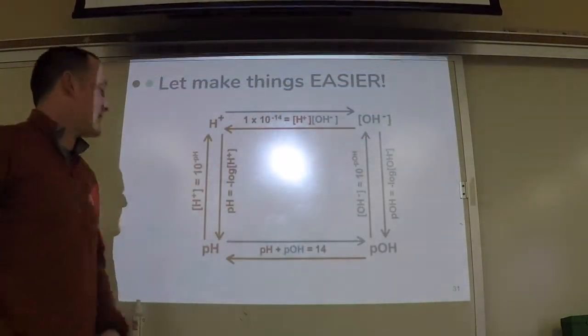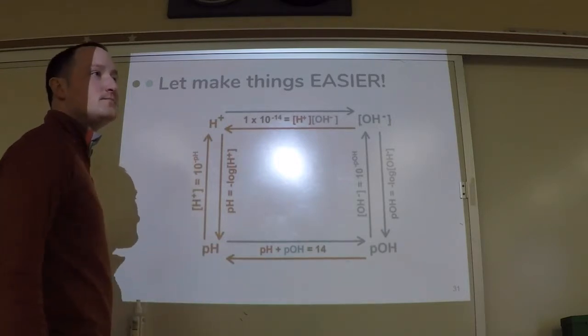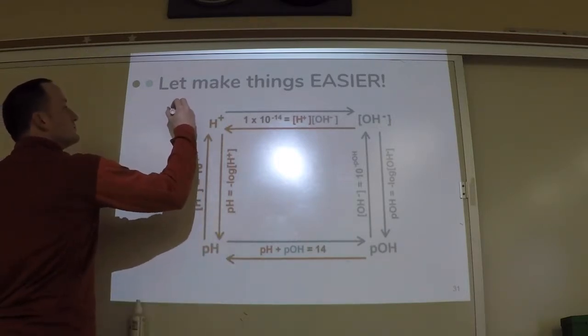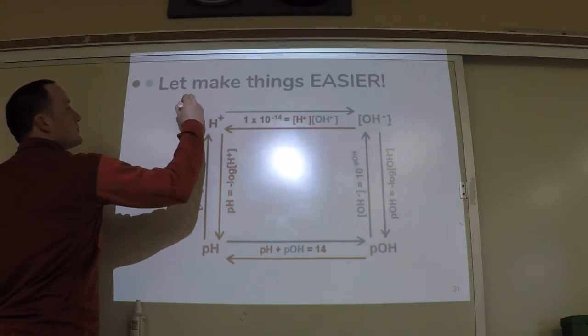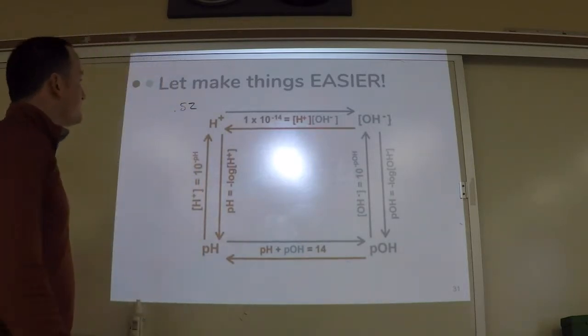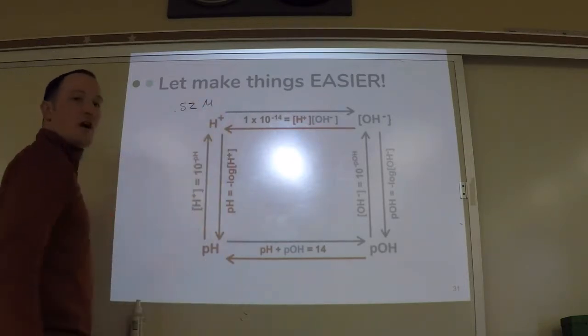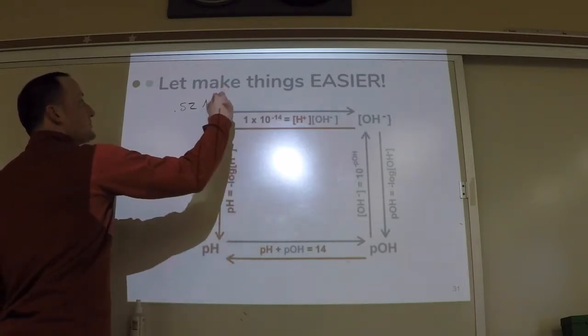Let's say that I knew my H plus concentration, and let's say that it was 0.52. It would be written maybe something like this, 0.52 molar H plus.